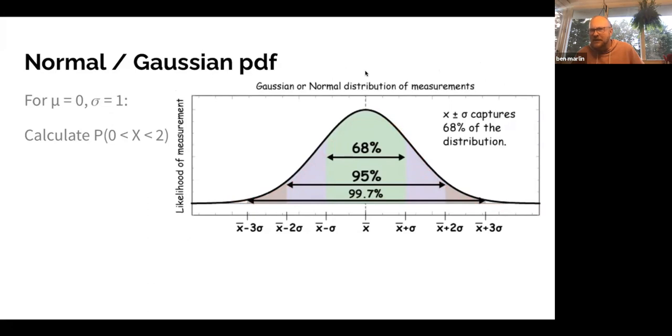I believe that it's e to the minus quantity x minus mu closed quantity squared divided by 2 sigma squared, and then there's supposed to be like a 1 over root pi out front or something like that to make it all work out nicely. It is in general something that you just can't do the integral of off the top of your head. You know, it's just not nice.